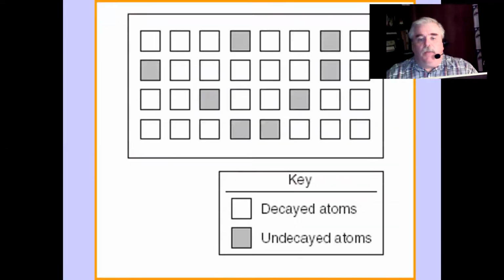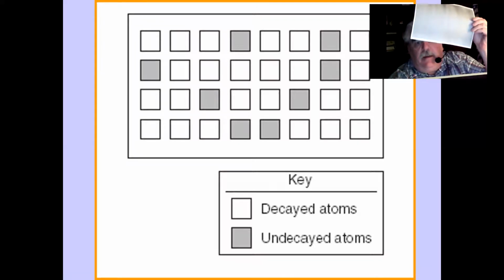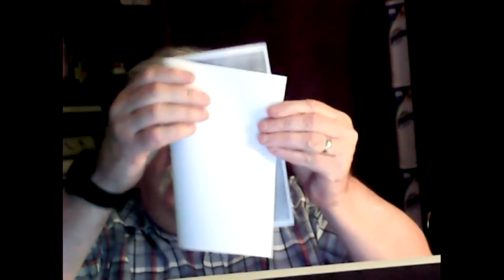So let's take an example of a Regents question of how this works. What you have is the undecayed atoms are the shaded portion, and the decayed atoms are the white blocks. And what you have to imagine is you take a piece of paper like this, and this is the carbon 14. After one half-life, this carbon 14 will break down into nitrogen 14. So it'll split that mass.